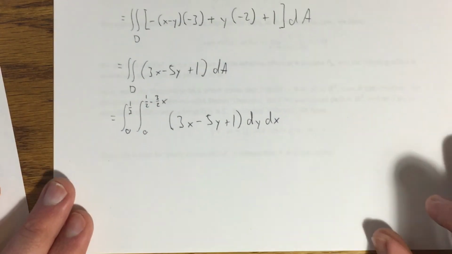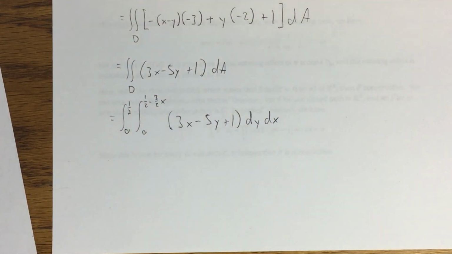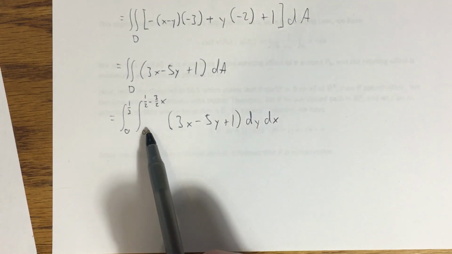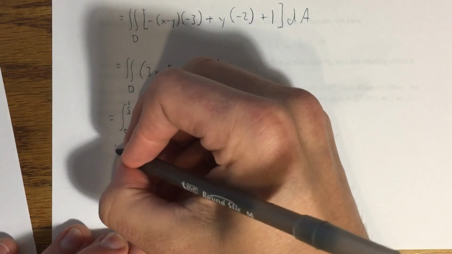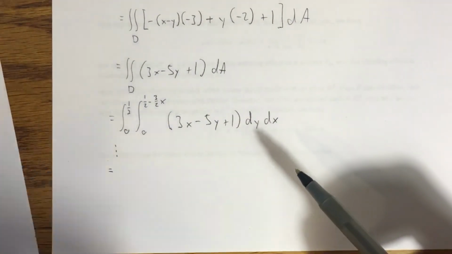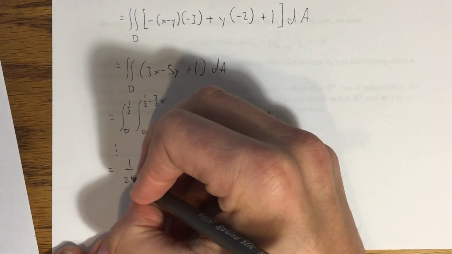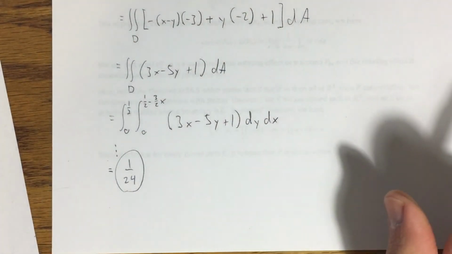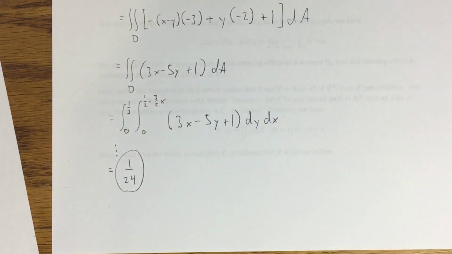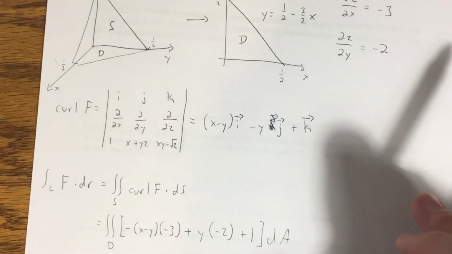In the interest of time, because this is a relatively straightforward iterated integral with a type 1 region, I'm just going to skip to the answer because we've done several of these. There's a lot of work to write out, but none of it is difficult. This comes out to 1/24. I encourage you, just for practice, to verify that.